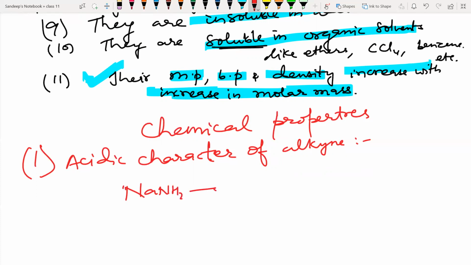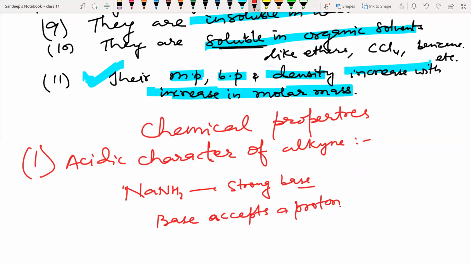Sodium amide is a strong base. Now what does a base do? A base accepts a proton. Even sodium is a strong base, it will react with hydrogen to form sodium hydride, a metallic hydride.